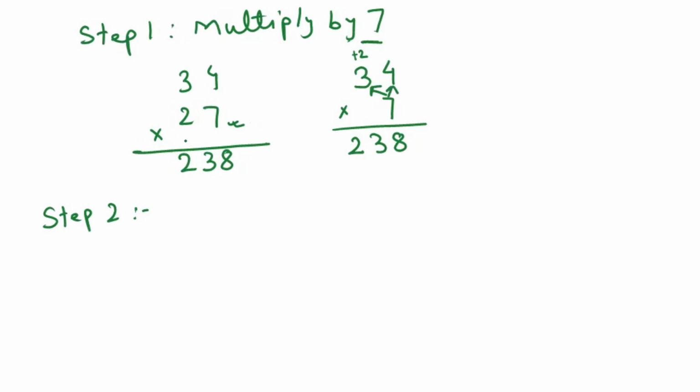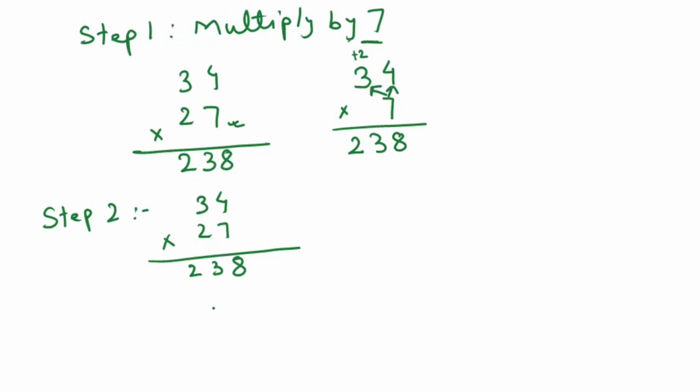So we have to write a 0 placeholder. I'm writing it separately just to explain. You have to continue after this here. So 2 is in the tens place, so the value of 2 is 20.